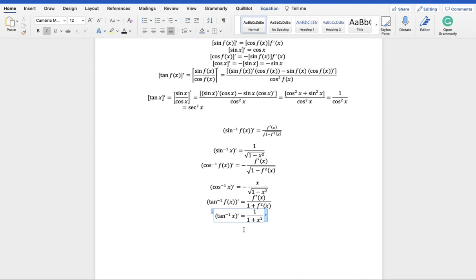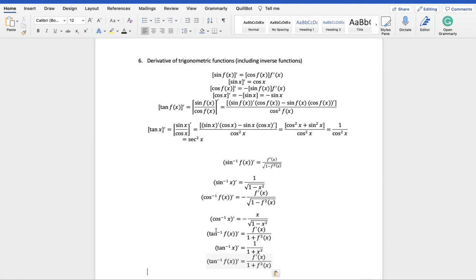Now, if we wanted to look at one more case, which would be the derivative of cot of f of x. Remember, cot and tan are just related because 1 over tan is equal to cot. But that's for the normal trigonometric functions.